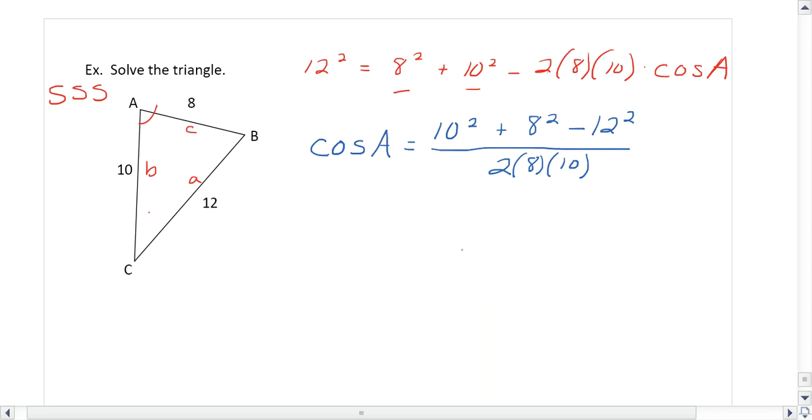And then if you do the calculator work with 10 squared plus 8 squared minus 12 squared divided by 2 times 8 times 10, you should get the cosine of A is equal to 0.125. And then if you use your cosine inverse key, angle A would be 82.8 degrees.